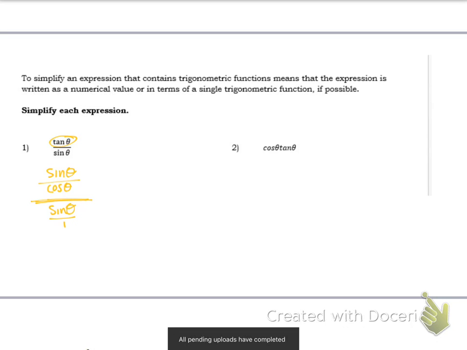If I keep my original, sine of theta over cosine of theta, I can multiply by its reciprocal, so if I flip it, it goes on the bottom. Same thing on top and bottom, the sines cancel, so what I have left is 1 over cosine of theta. You're looking to work it until you have just one sine, cosine, or tangent left, and that's generally going to be the simplest form.